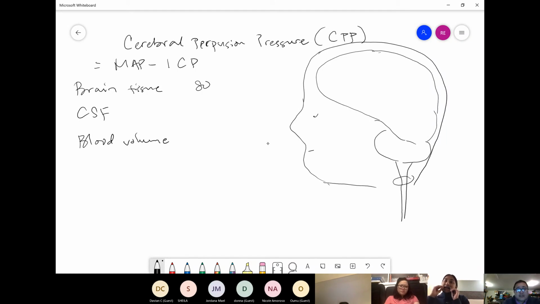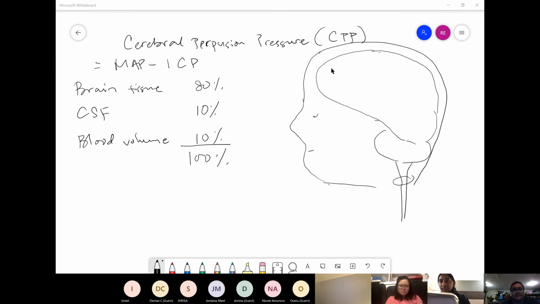Brain tissue comprises about 80%, 10% CSF, 10% blood volume. That is already 100%. So, can we accommodate anything else in there? Say we put in a brain tumor in there.